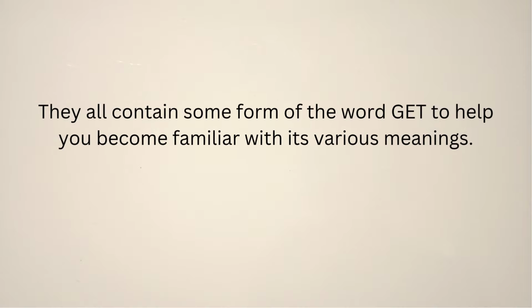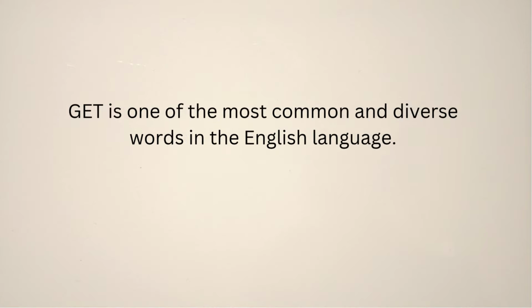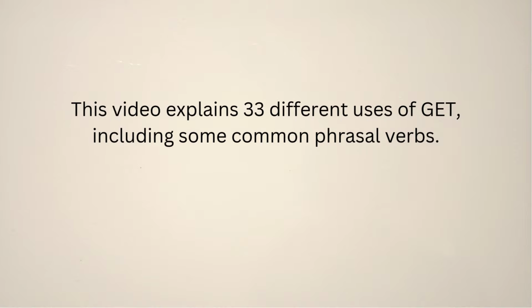They all contain some form of the word get to help you become familiar with its various meanings. Get is one of the most common and diverse words in the English language. This video explains 33 different uses of get, including some common phrasal verbs.